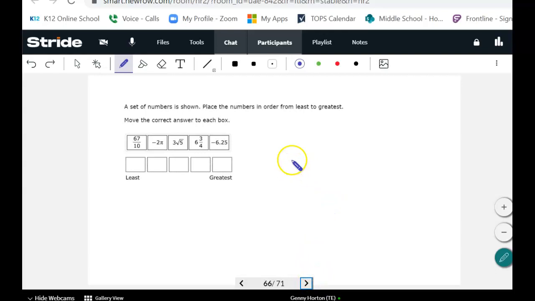All right, so here we have to put them in order from least to greatest. So we're going to change each one to decimals. 67/10 is 6.7. Negative 2 pi, we can just do approximately there, is negative 6.28. Notice that's negative.